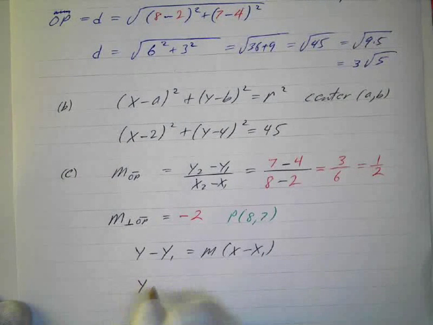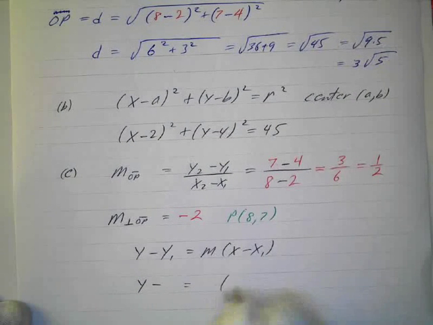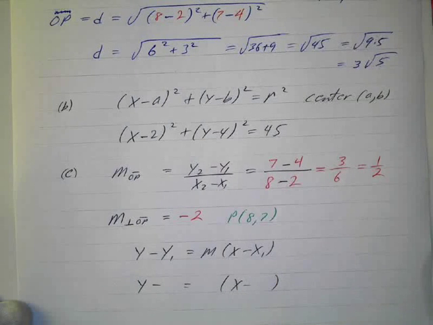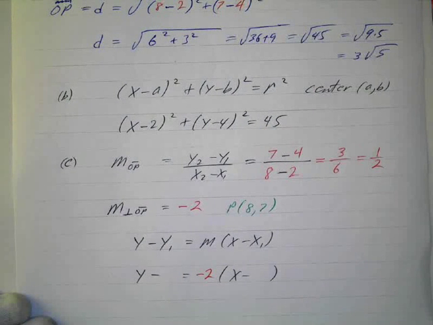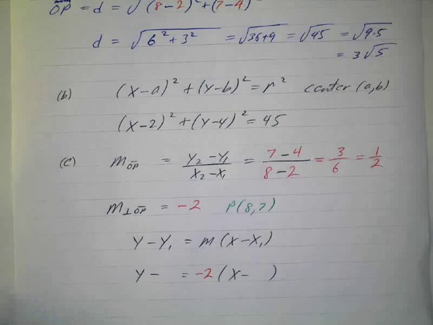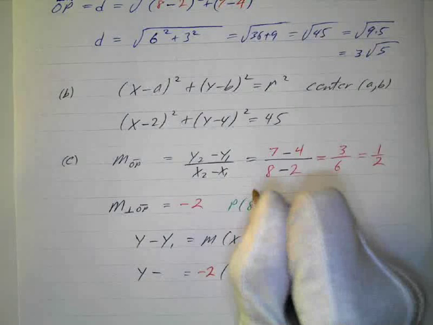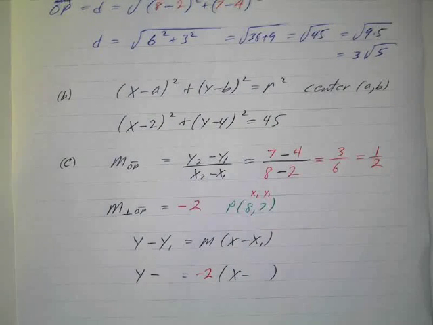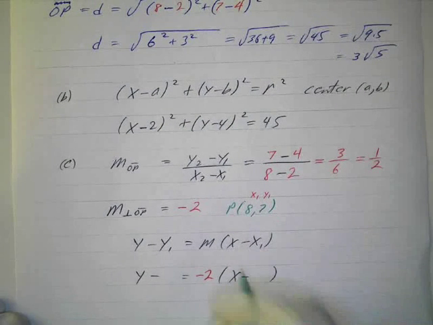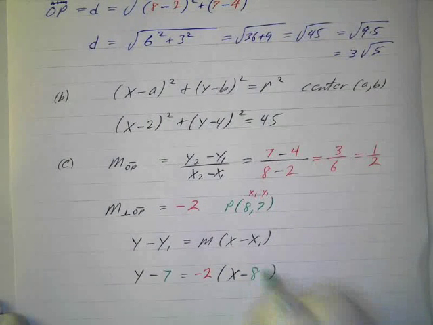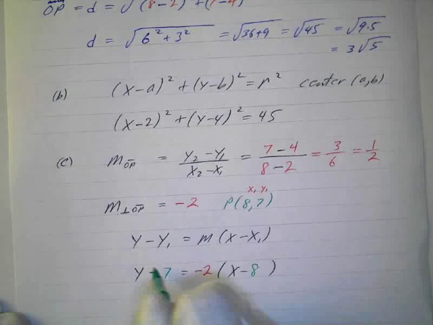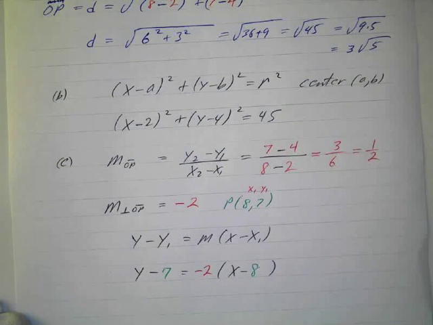So our slope is -2, remember the negative reciprocal of the radius slope, and our point I can call x1, y1 in this case. So y1 will be 7, and x1 will be 8. And we can leave it like that, that's fine.